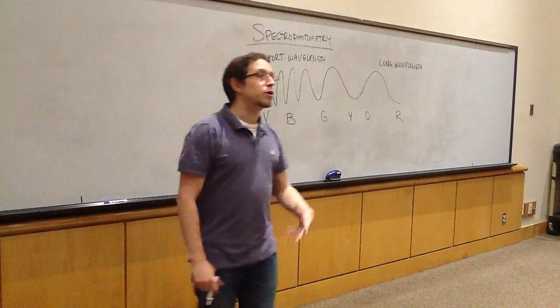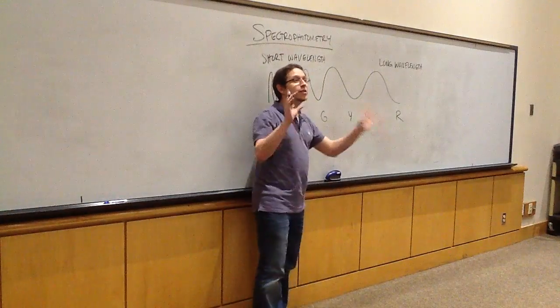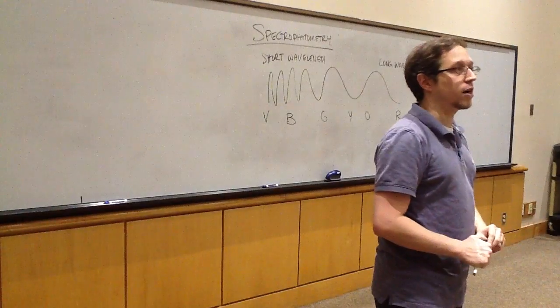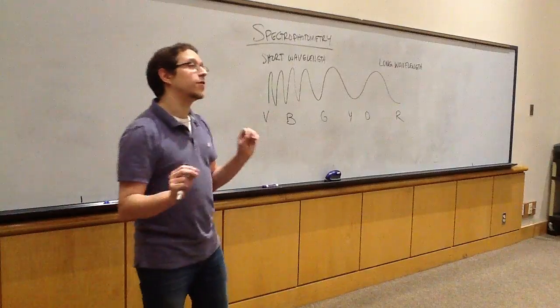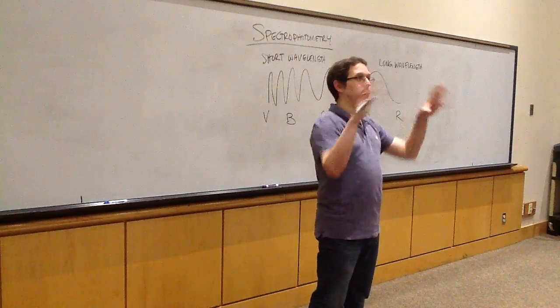Okay? Now, you guys went through and you defined ranges of wavelengths that correspond to each of these different colors. And I understand that the wavelengths you may have defined in those ranges might have differed between groups.